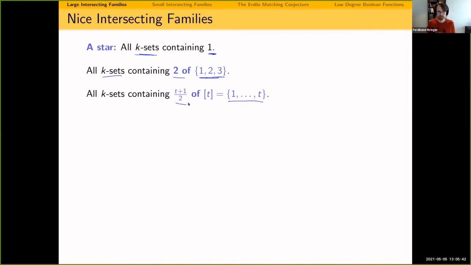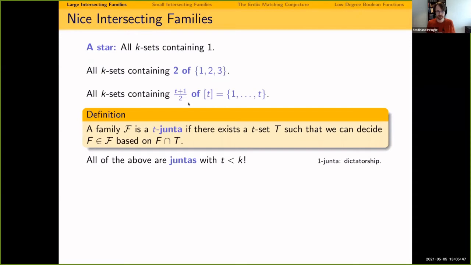Now, what do all of these examples have in common? The thing they have in common is that they are all what some people call a junta.